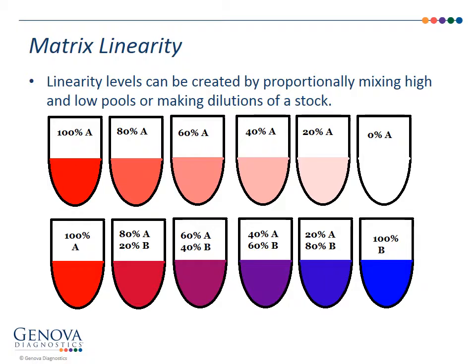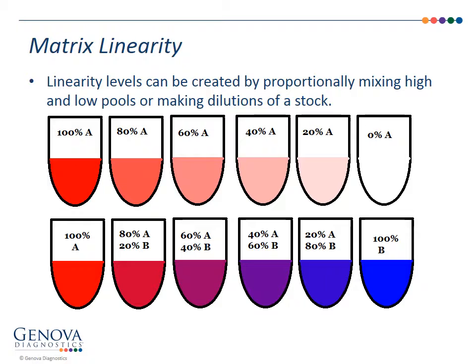It assumes that you've got two homogeneous samples that you can easily homogenize. So this works really well with urines, with a lot of blood samples. This does not work well with stool or with saliva, because as you can imagine, it's really hard to mix stool in the first place. So being able to mix two stools and then mix them at varying proportions, it's going to be really difficult to do. So you sort of have to consider your matrix and consider the best way to handle this.